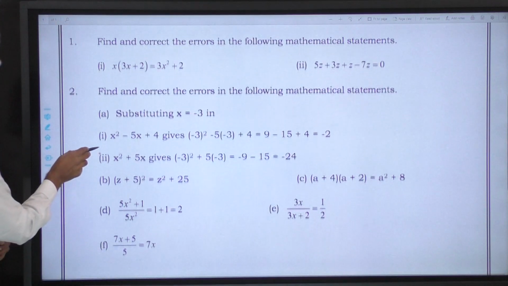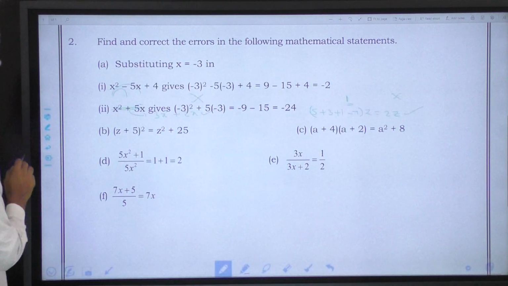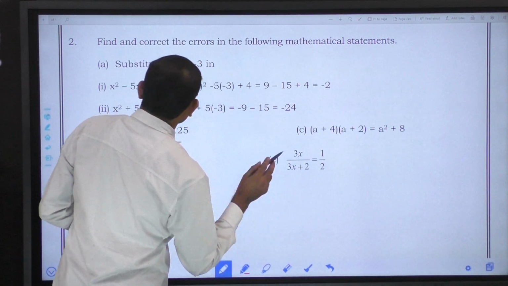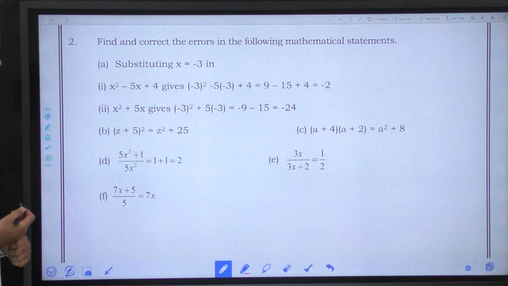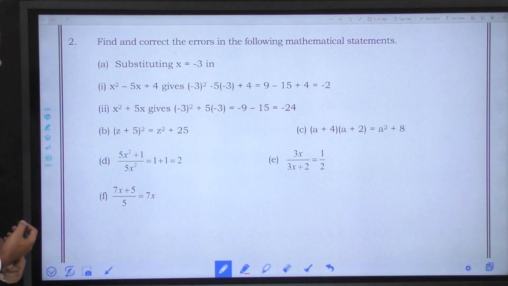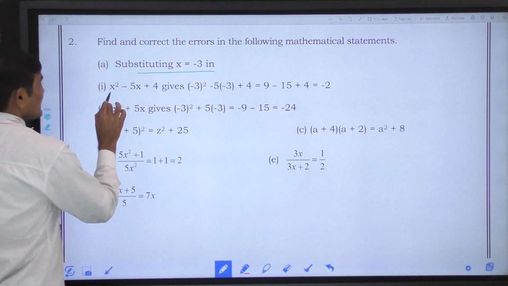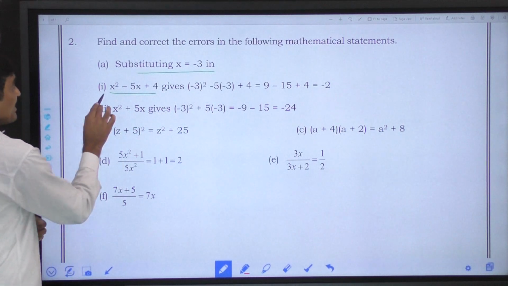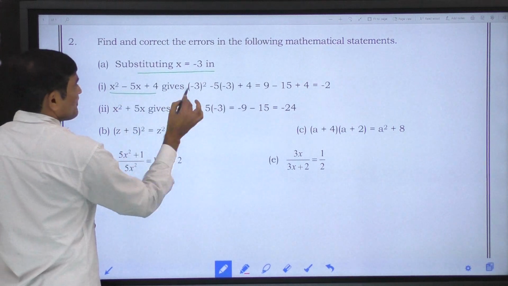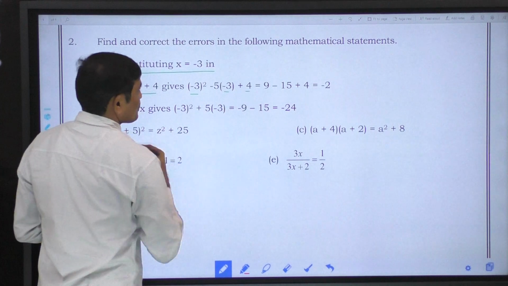Now let us move on to the second Roman numeral. Find the errors in the following mathematical statements. Substituting x is equal to minus 3 in this expression, in place of x: minus 3 whole square minus 5 into minus 3 plus 4 is given.